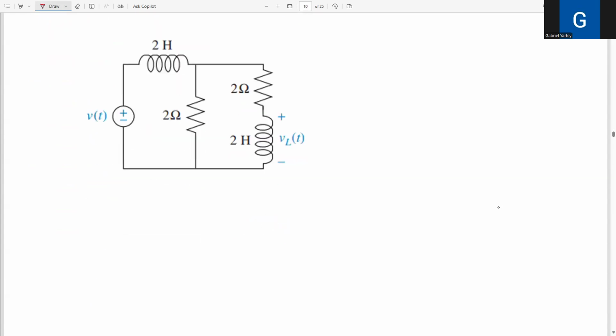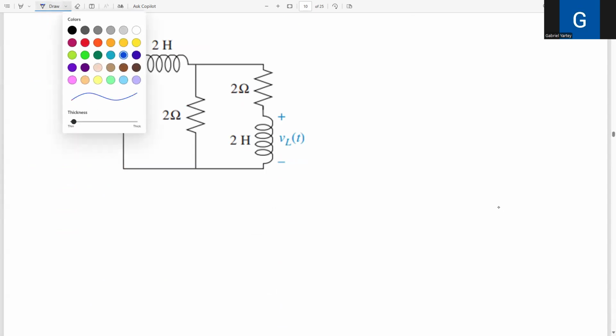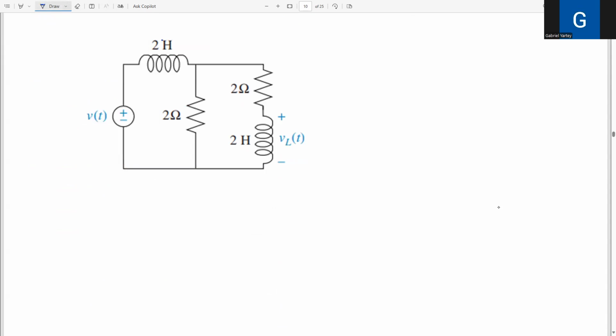So let's say you have this question, and you are being asked to find the transfer function. From what Dr. Poku said in class, don't confuse the input and output.